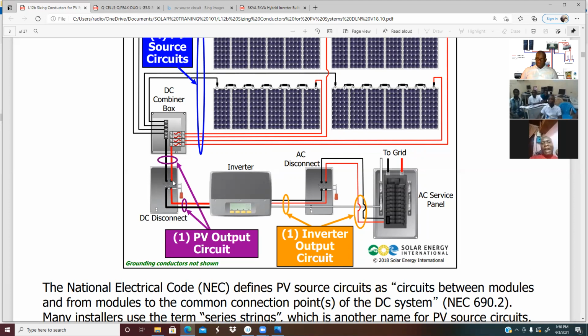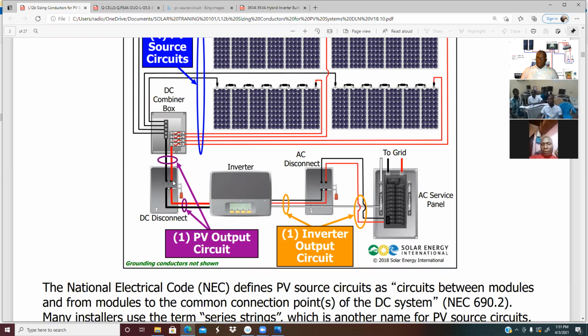Because when the PV comes in, before it goes to the charge controller, we have to get something we call a disconnect switch, a disconnect box. But now for this, it is coming directly to the inverter. That's the reason they say PV output current.